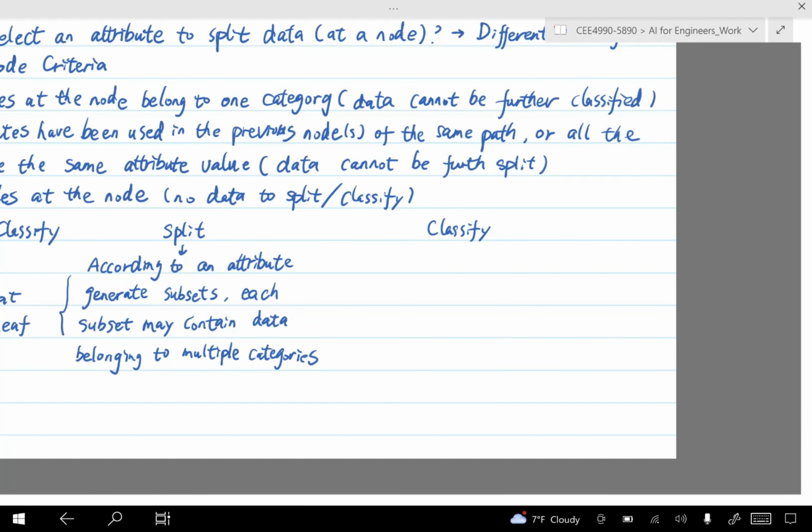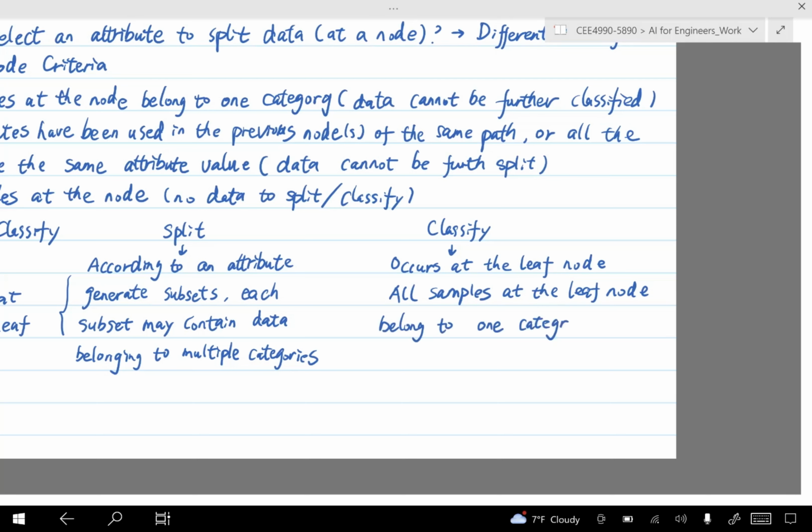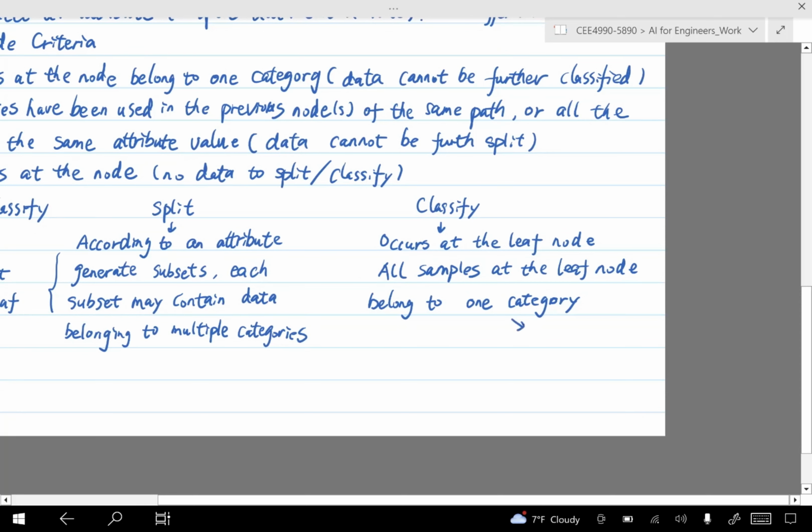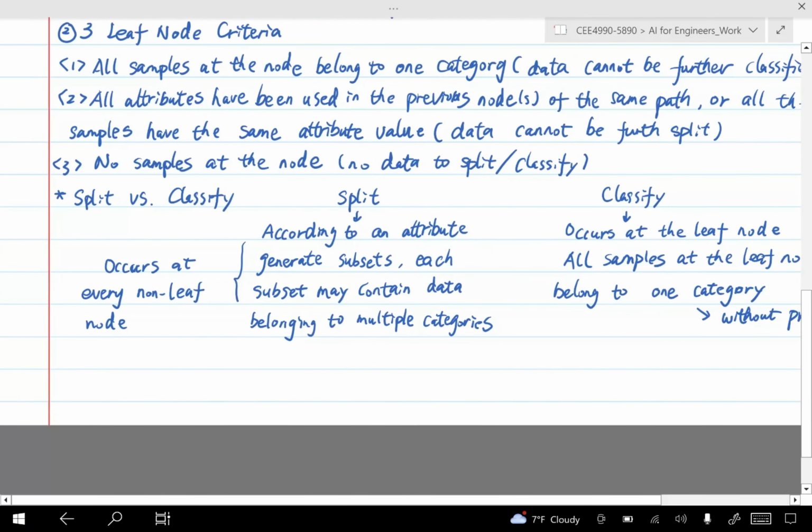Second one for classification, this one is special. It occurs at leaf node. And if we do the classification at leaf node, then all samples at one leaf node belong to one category. And this category gives out the label. Please be aware that this is what happens without any pruning. These are the 3 leaf node criteria.